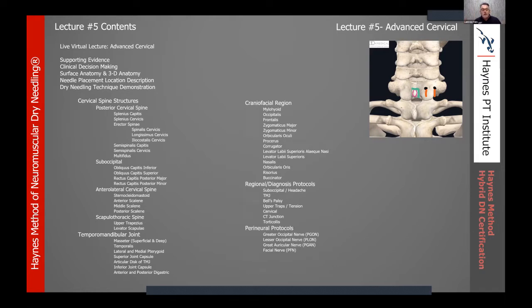And periodically we will see torticollis. It's more common in young people, infants and so forth, but you can also see it in the adult patient as well. So that can always be appropriate for dry needling. And then we'll look at perineural protocols: the greater occipital, the lesser occipital nerves, the greater auricular nerve, and then finally the facial nerve.